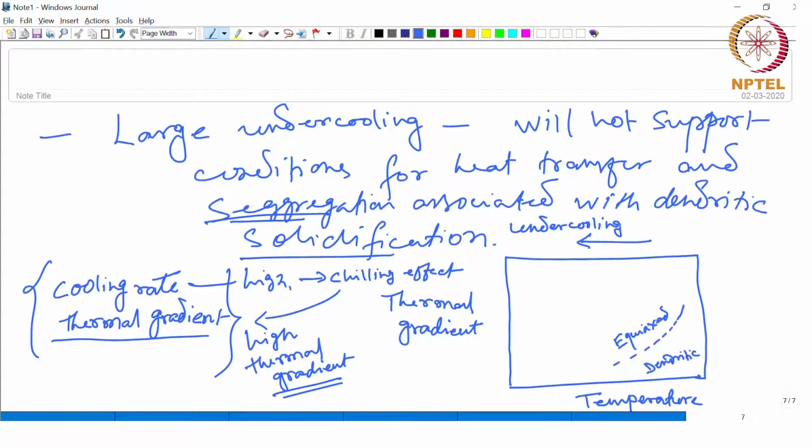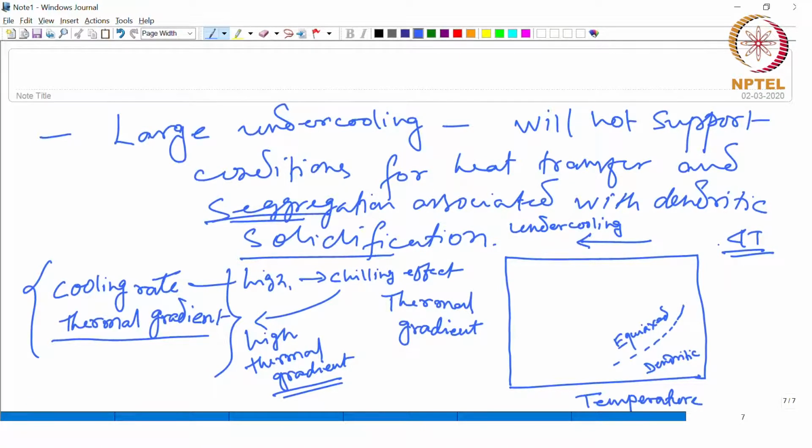So, here you can also see the interplay among these three parameters: temperature, thermal gradient, and undercooling. As you reduce the temperature more below the equilibrium melting point, the undercooling delta T is also going to increase, which is quite obvious.